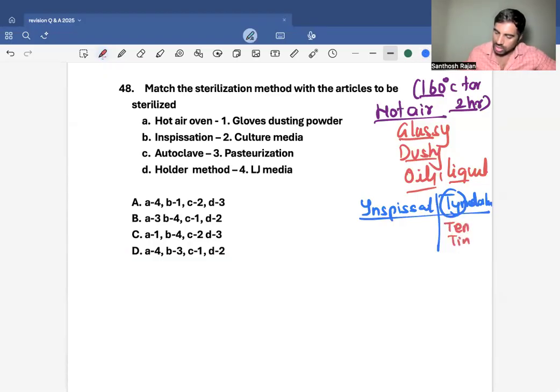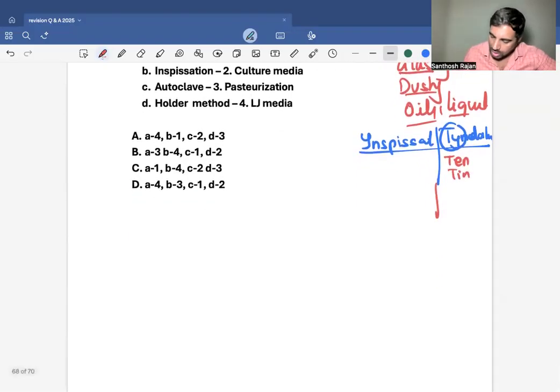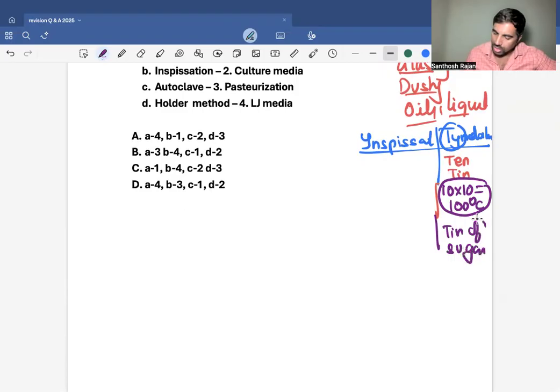Why tin? Because in tyndallization, 10 into 10 is 100 degrees Celsius. And tin because tin of sugar. All sugar-containing medias, we do tyndallization, 3 consecutive days of heating.